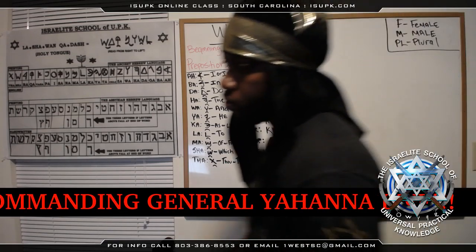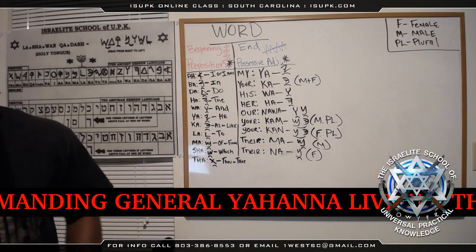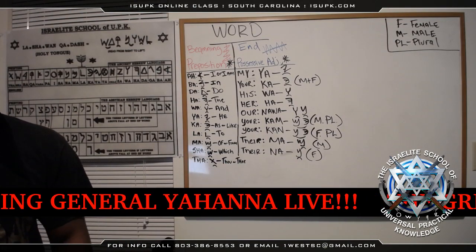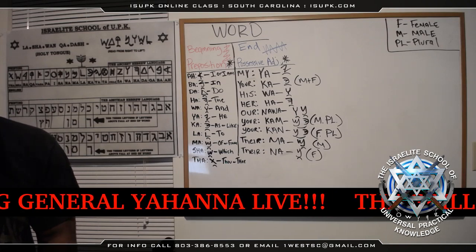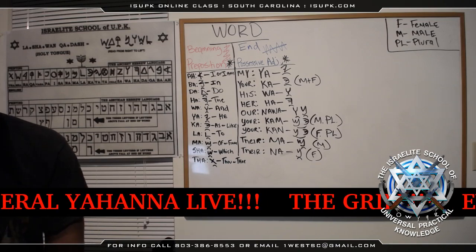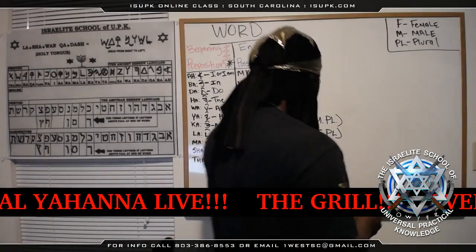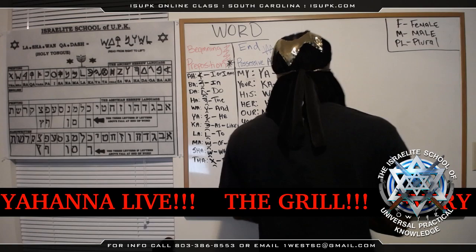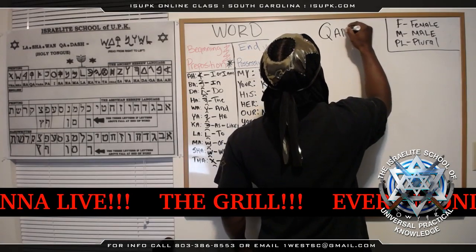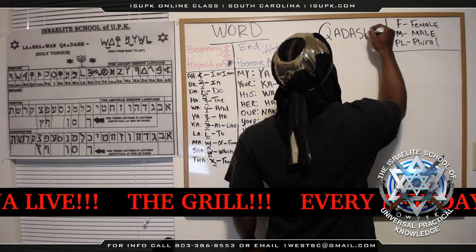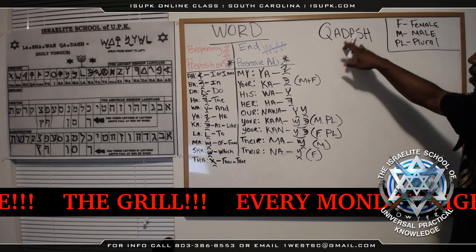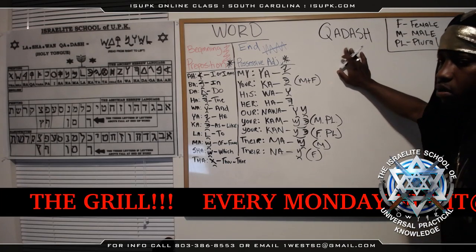What's the next word in the Lord's Prayer in the Hebrew? We have Abanawa, Shabbat Shemayim, and we have Kodash. I'll write Kodash just on the side here. So our Father, which art in heaven, holy or hallowed.